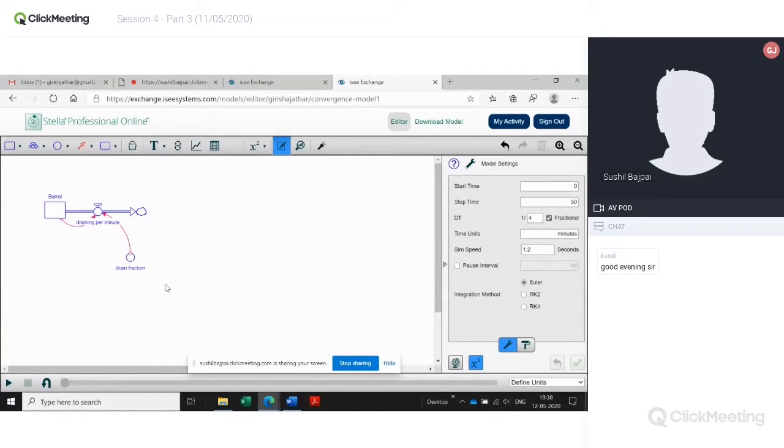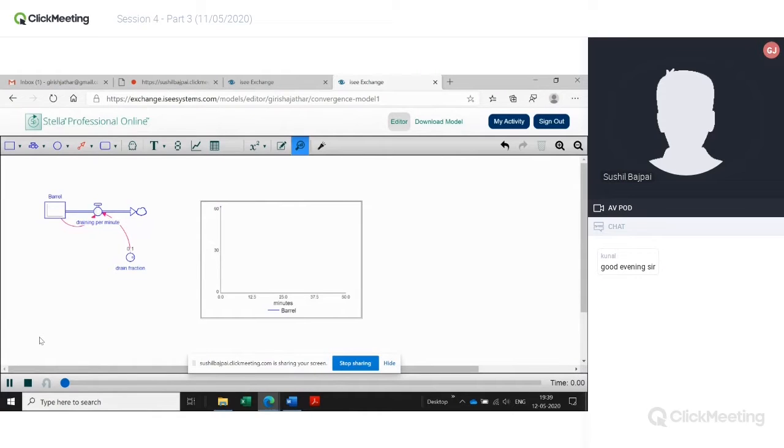If you can just run the model. Here, I will give one thumb rule, which I had given earlier also for doubling time. Earlier we had said doubling time is 70 divided by the rate. And then in the draining process, you will often hear of something called halving time.